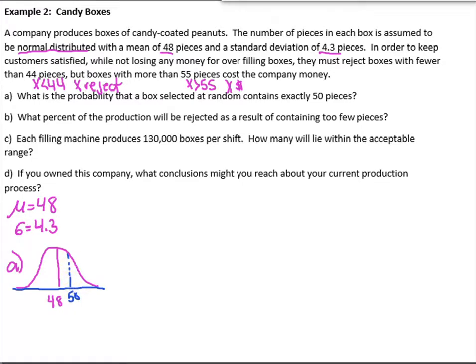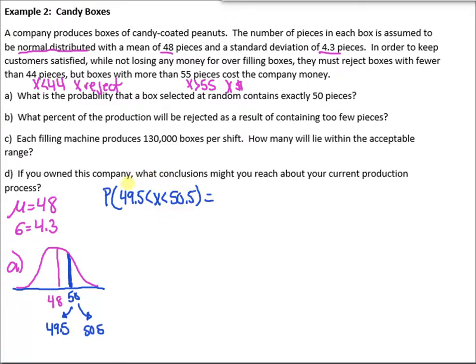So we have to adjust for discrete data. We go to 49.5 on one side and to 50.5 on the other, so it contains enough area under this curve for us to find a probability. So we're finding the probability that X is between 49.5 and 50.5.